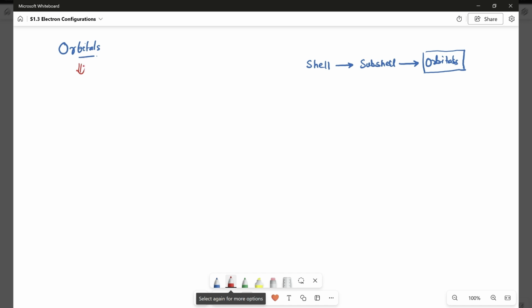So actually orbitals are present within the subshells. So we can say that a subshell contains one or more orbitals. Fine. And these orbitals have a specific energy, and the electrons can only be found at these specific levels, not in between.